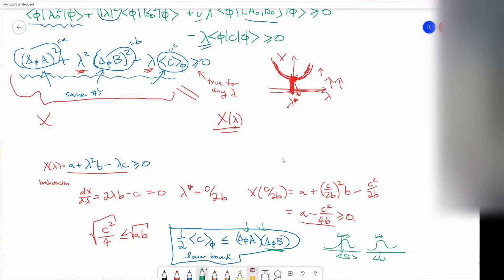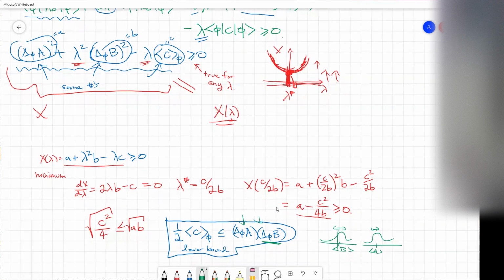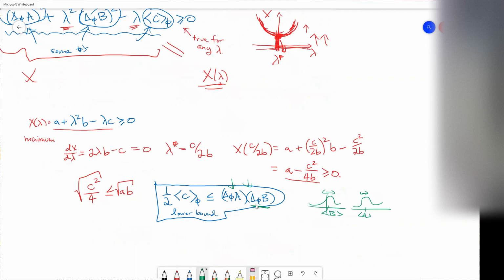And what you find is if you have two incompatible properties like position and momentum, the spread in the positions that you measure and the spread in the momenta that you measure are bounded. They're related to each other in the following way: the product of the two standard deviations is always bigger than, it's bounded by their commutator.